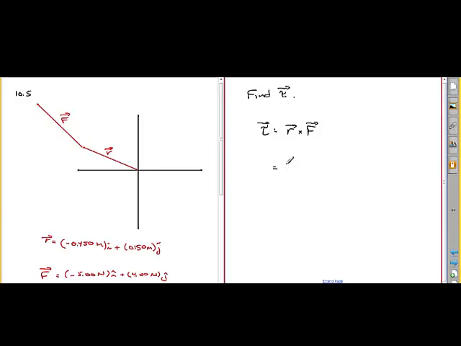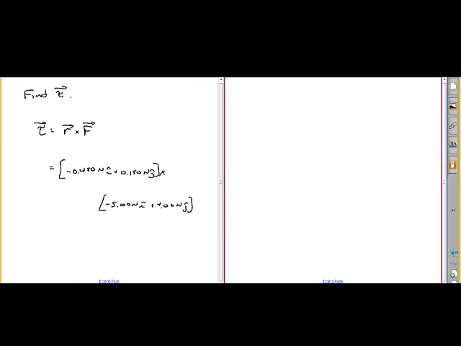You would write this out completely as negative 0.450 newtons i plus 0.150 newtons j, crossed with the force vector, which is negative 5.00 newtons i plus 4.00 newtons j.